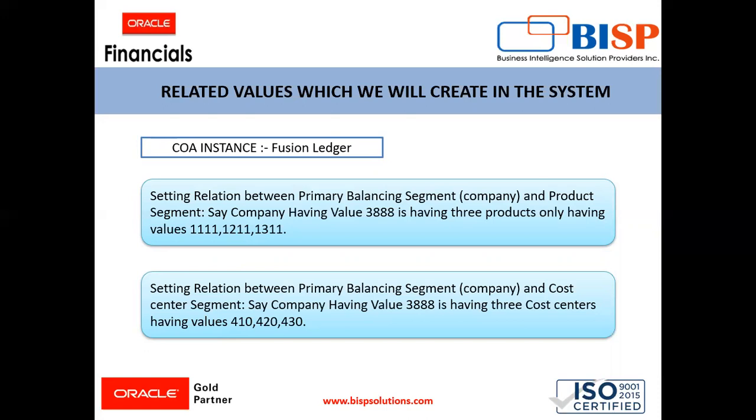These are the values of the value set product. Then in the same way, we'll set a relationship between company and the cost center, and these will be the values of that segment. Now, we'll go into the system and see how this is done.